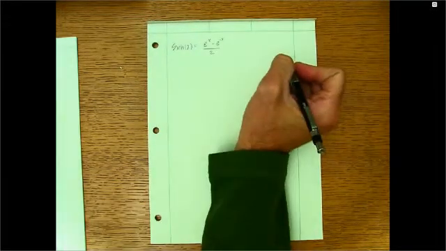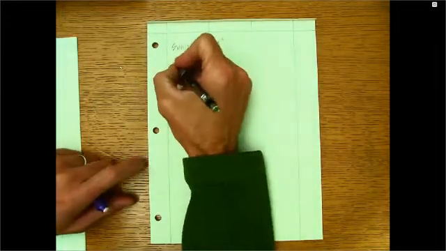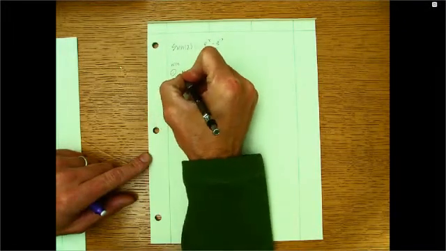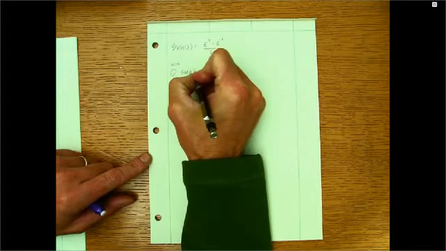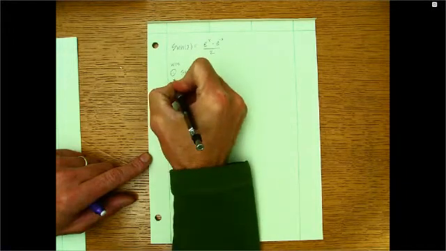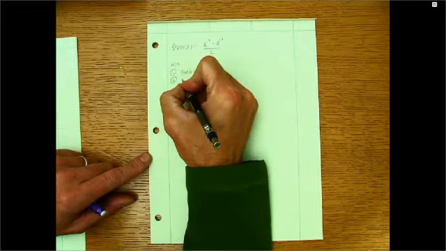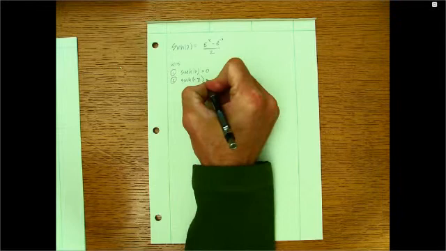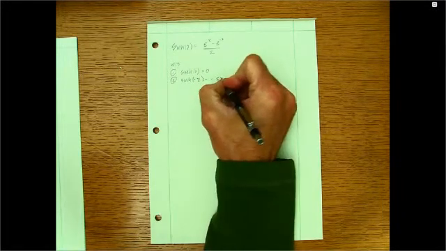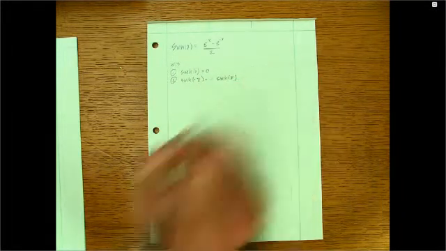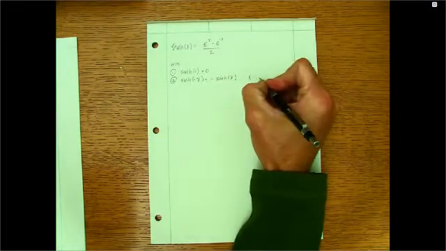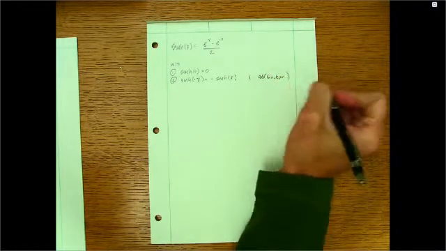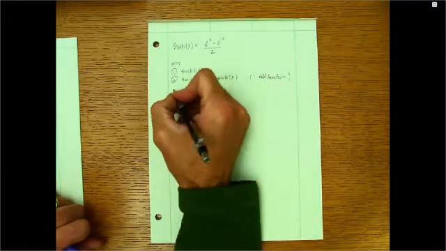So that's the definition of the hyperbolic sine, and what we want to show is that number 1, the hyperbolic sine of 0 is 0, and number 2, that the hyperbolic sine of negative x is equal to negative the value of the hyperbolic sine of just plain old x. So this thing is an odd function.